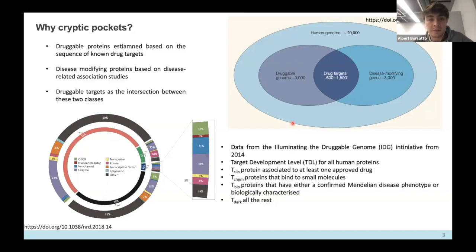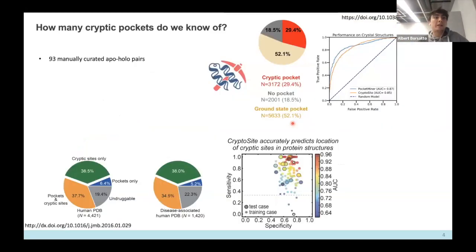So how many cryptic pockets do we know of? Well, if we look at the PDB, based on Sali's lab definition, we have around 100 apo-holo pairs of structures of cryptic pockets, and these apo-holo pairs were used to train a support vector machine to predict novel cryptic sites in novel targets.